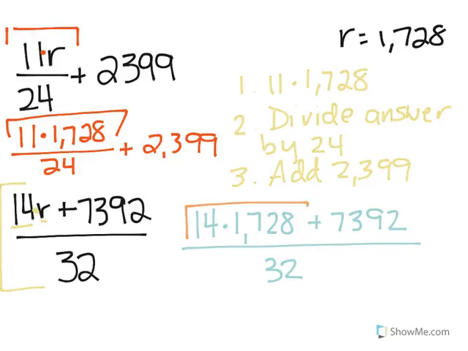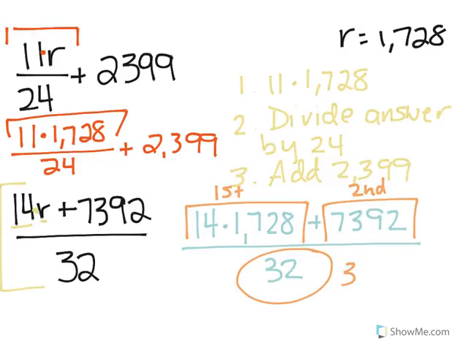First is this one. Then you add this. Dividing by 32 is third. I think that's about it.